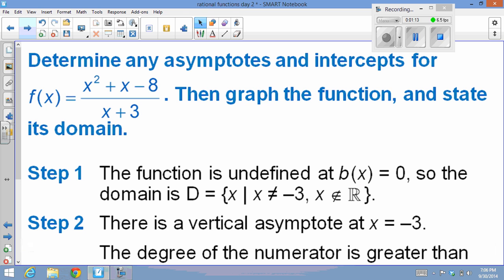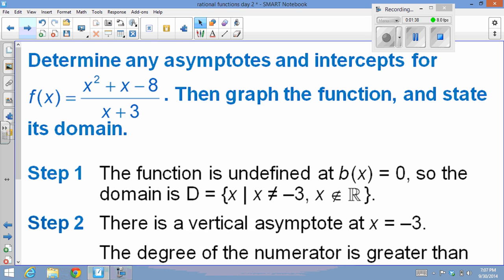So here's our equation. We have f of x equals x squared plus x minus 8 over x plus 3. So we're going to look to see if we have all the other stuff that we did before. We would start by finding our domain. Our domain will be all of the reals except for when x equals -3, because that's when the denominator would be undefined. Then I'm going to look and see if there's going to be a vertical asymptote.